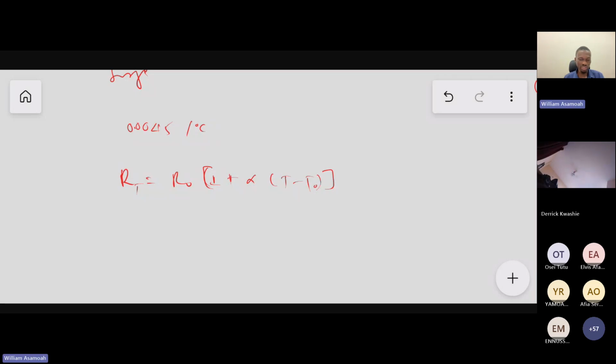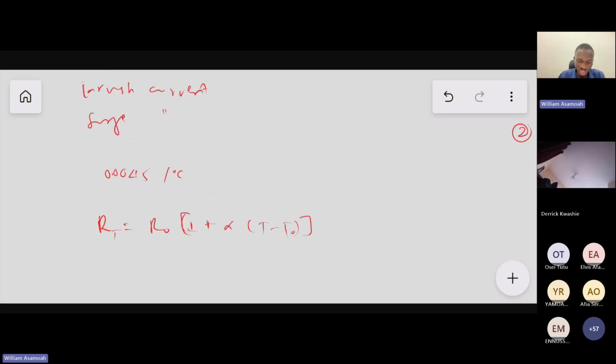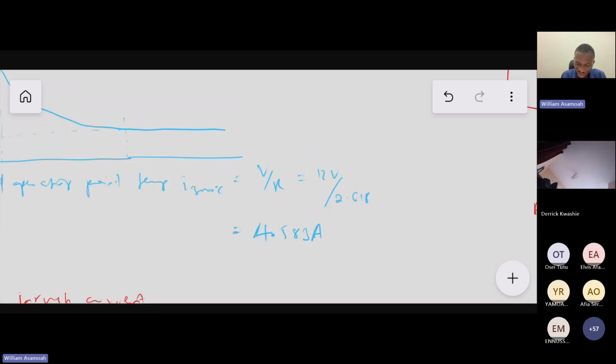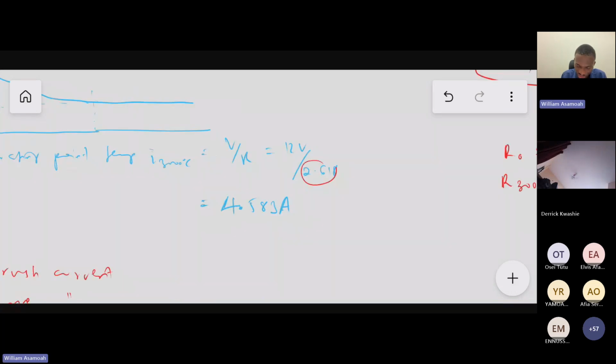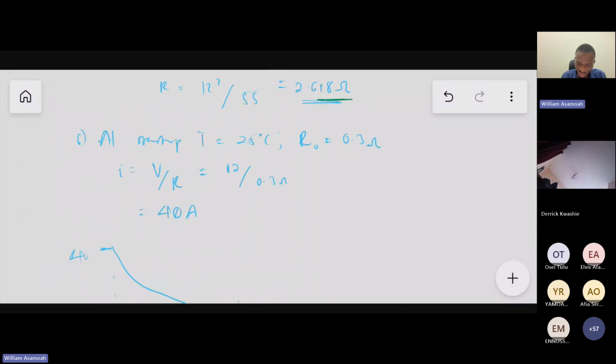You see that in this case, when resistance increased, it resulted in low current. Then at initial startup, when resistance decreased, it resulted in high current.